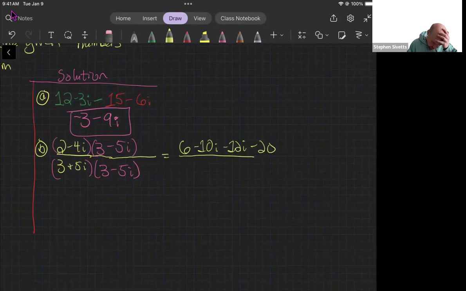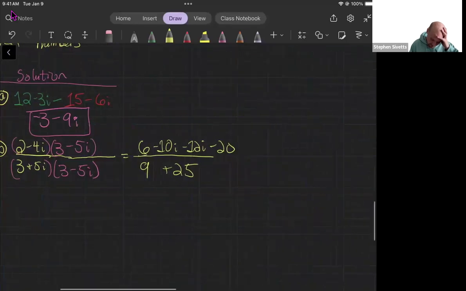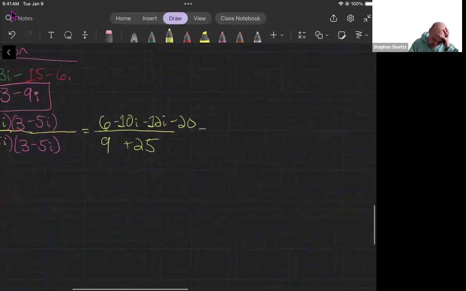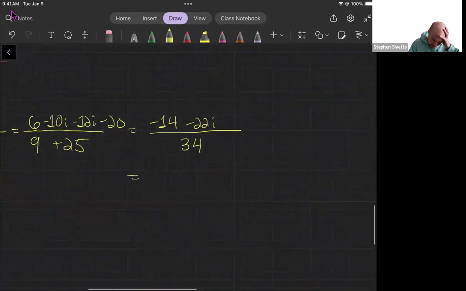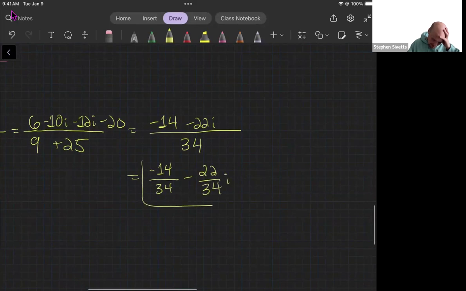Okay, so this is 9 minus 25i squared, so that's plus 25. All right, cool. So that equals minus 14 minus 22i divided by 34. So this equals minus 14 34ths minus 22 34ths times i. Okay.